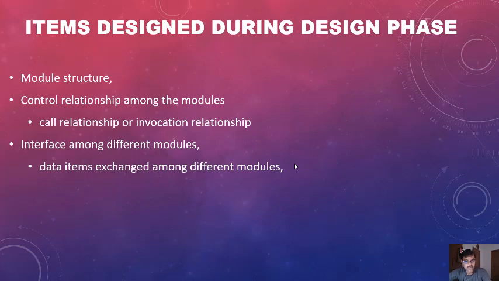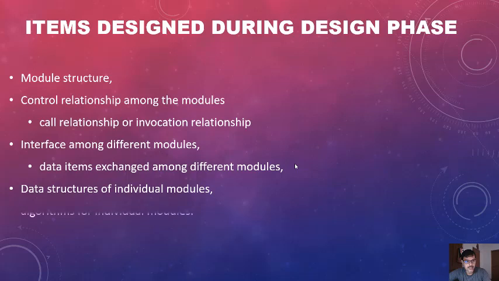After getting the modules, we will find out the control relationships among them. What are the relationships between these modules? And then what are the interfaces of these modules, and what data will be exchanged from one module to another? So these are the steps of this design phase.